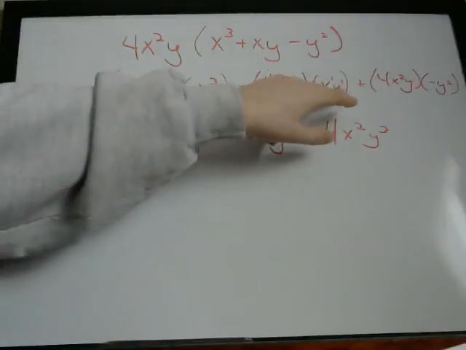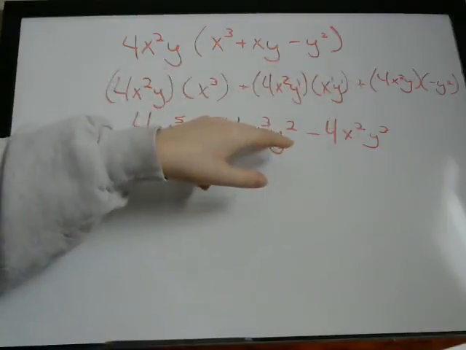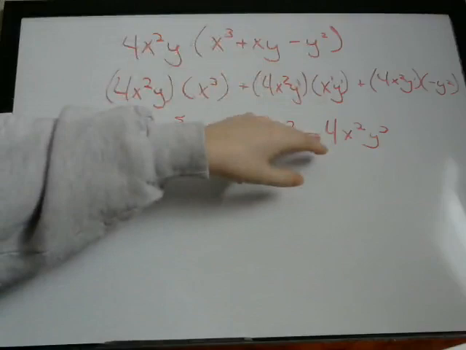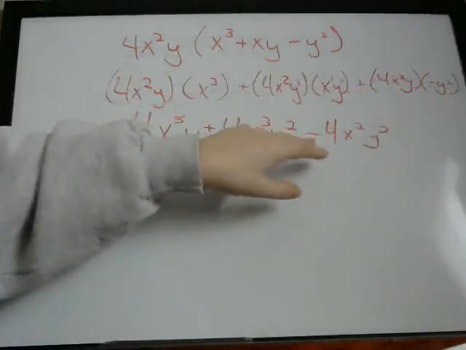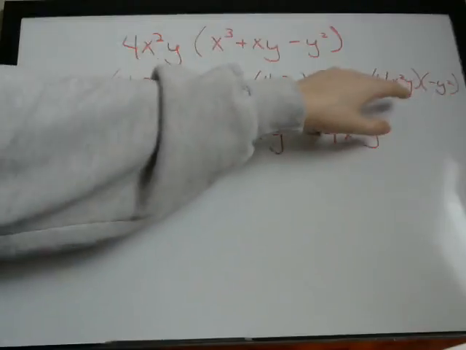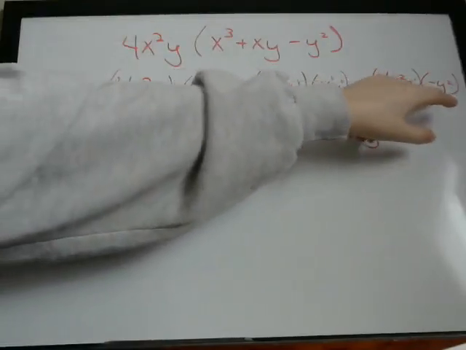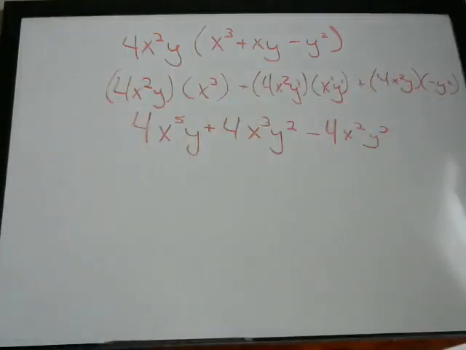Here we had y times y, which is 1 plus 1, which gave us a y squared. Remember to watch your signs. If it's a negative, then you have to write down a minus. And then x squared, there was no other x here, so we just write it down. y times y squared is 1 plus 2, so y to the third.